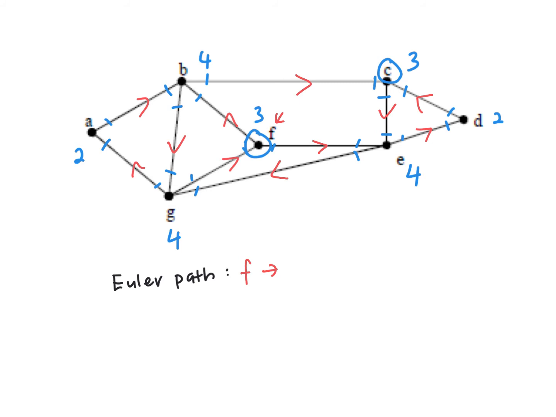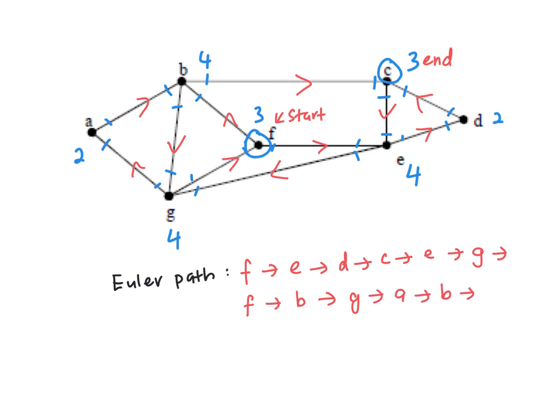Okay, so we may write here, this is the starting node and this is the end node. So just now we start from F to E to D to C, going back to E, then G, F, B, G, A, B, and C. So this is the answer for Euler path.